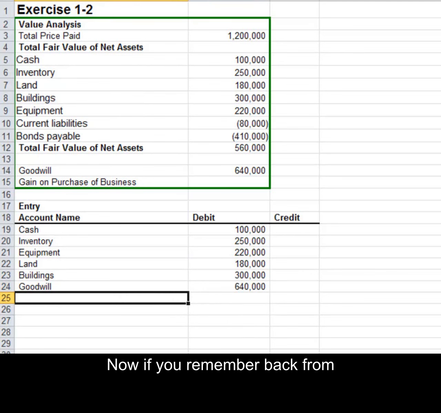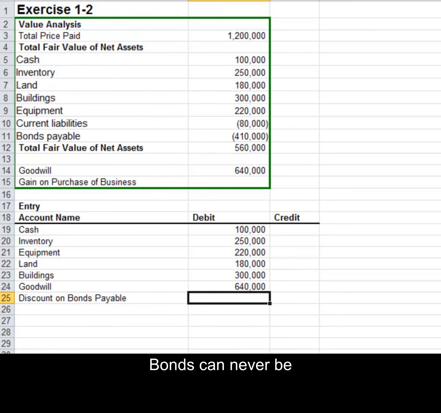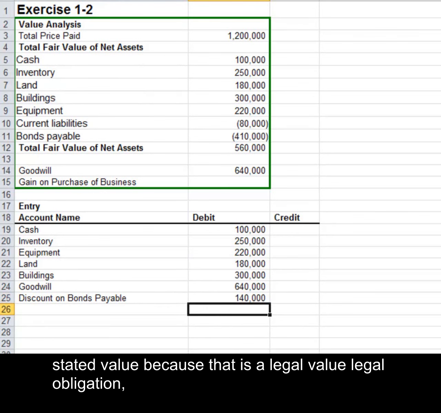Now if you remember back from intermediate again, see how much of this goes back to there, which is why intermediate is such an essential course for an accountant. Bonds can never be changed from their stated value, because that is a legal obligation.